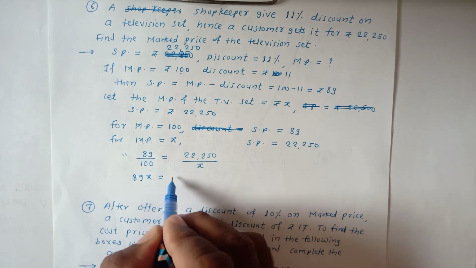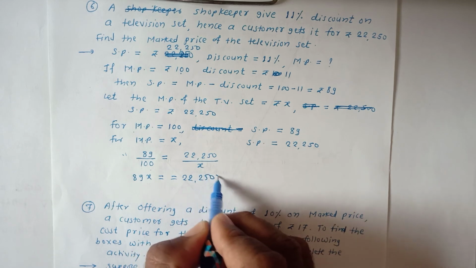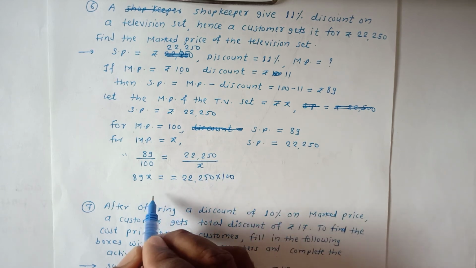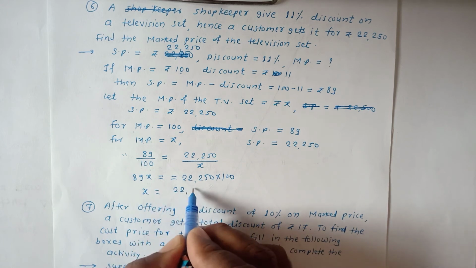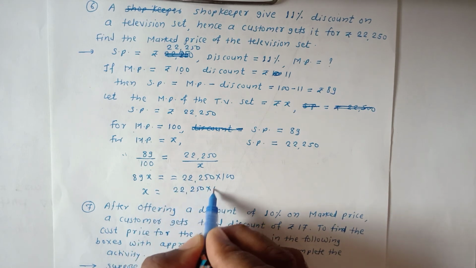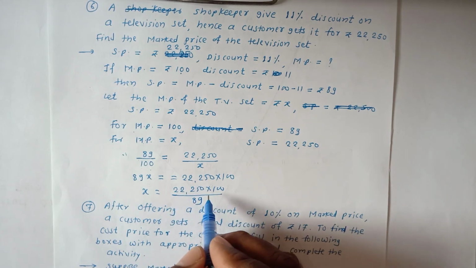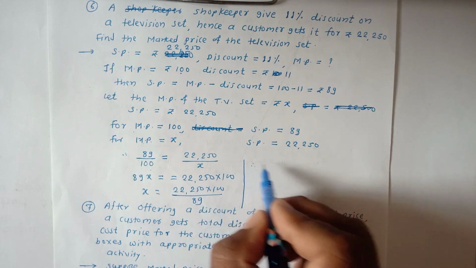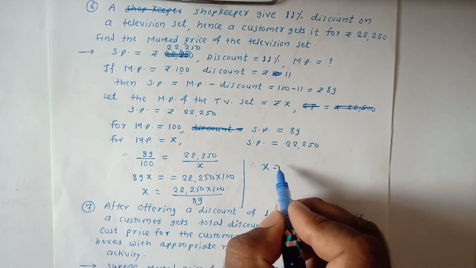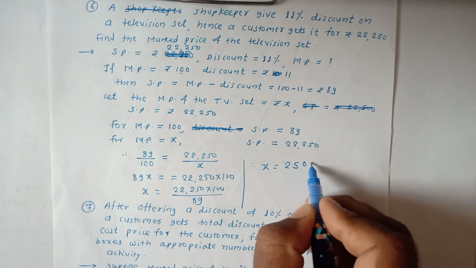89 into X is equal to 22,250 into 100. Therefore X is equal to 22,250 into 100 upon 89. So if we calculate this value, then we get X is equal to 25,000.